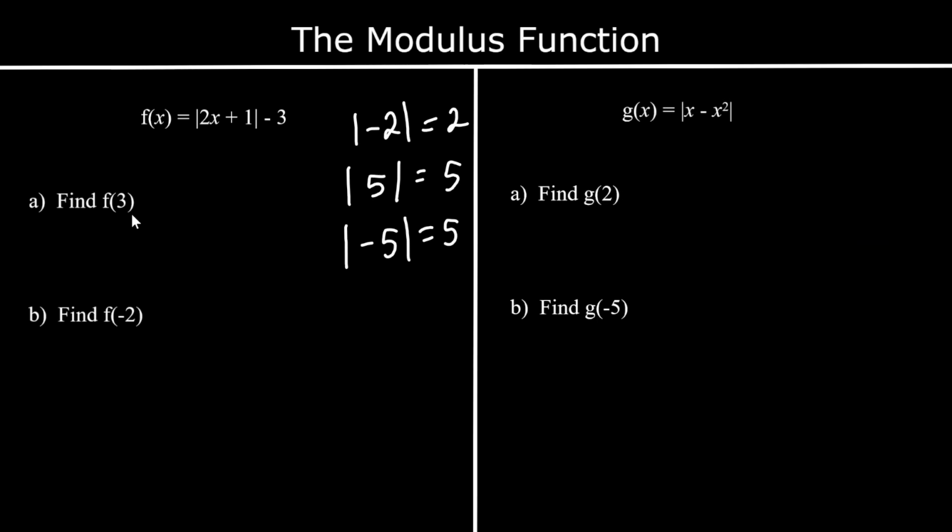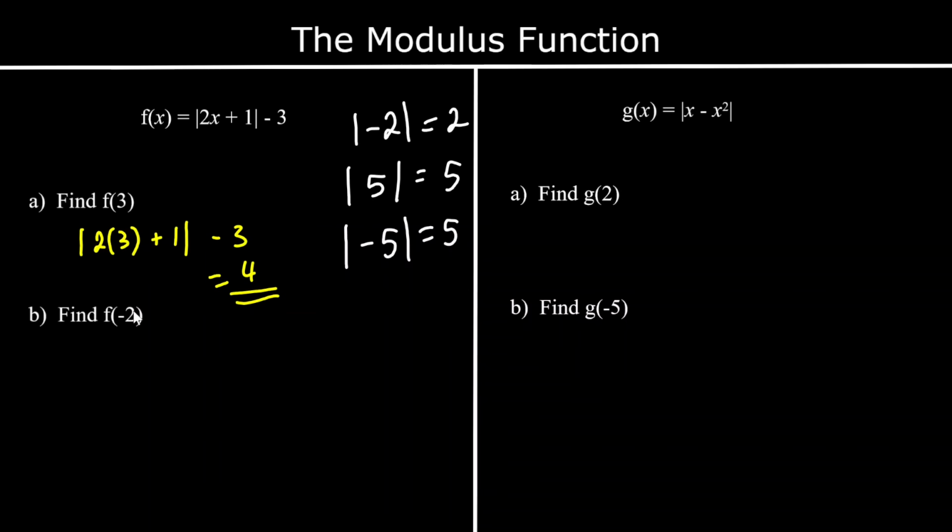So find f of 3. That means substitute 3 into our function. So f of 3 is the modulus of 2 3s plus 1, take away 3. So 2 3s plus 1 is 7. So the modulus of 7 is 7. 7 take away 3 is equal to 4.